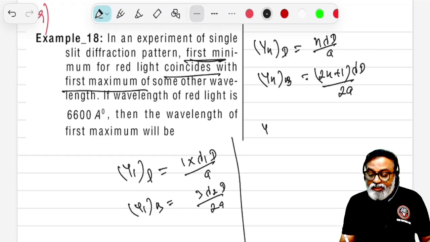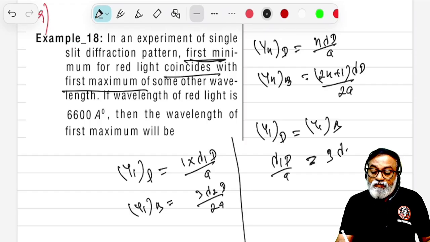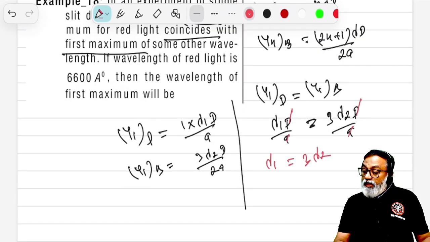These two coincide, means y1 dark is equal to y1 bright. This becomes lambda 1 D by a, that is equal to 3 lambda 2 D by 2a. Therefore, here D by a cancels. Lambda 1 is equal to 3 lambda 2 by 2.